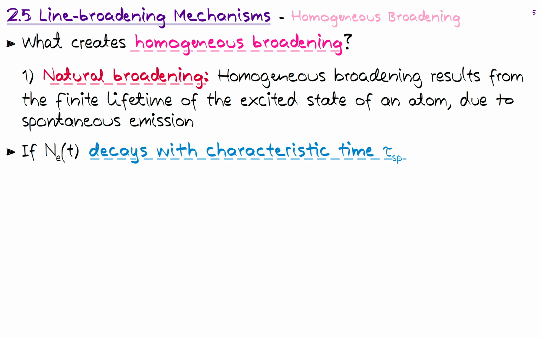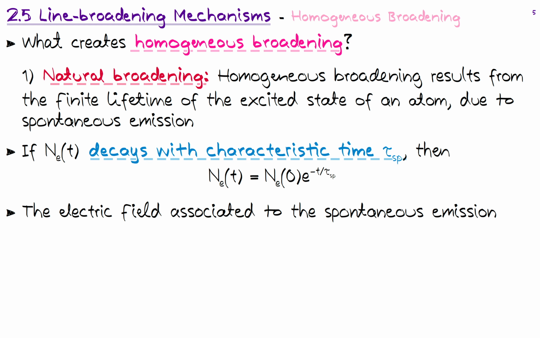So if N_e, the population of the excited state, decays with a characteristic time tau_sp related to the spontaneous emission, then we can write the dynamics of this population as the population at the origin of time, t equals 0, times an exponentially decaying function. That's how things spontaneously relax.